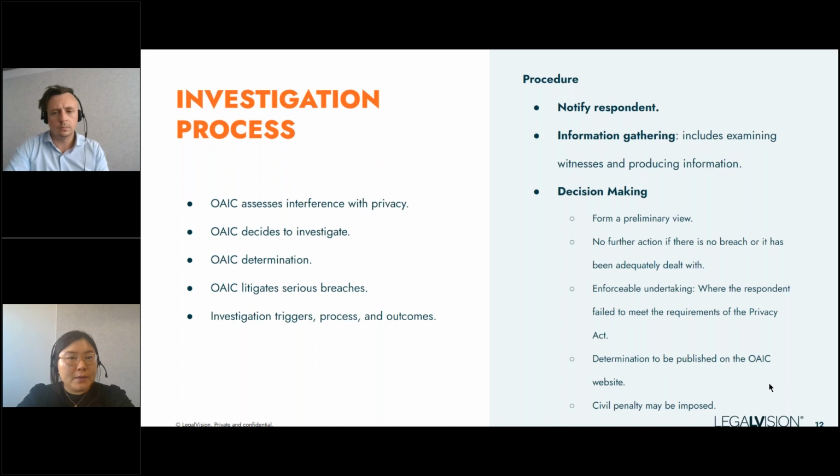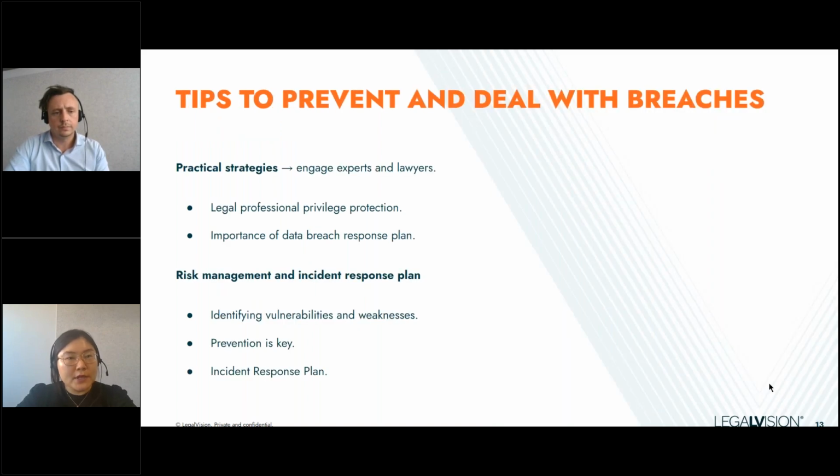Okay, so what's the recommended action to prevent breach, and how do you deal with the breach? So what are our recommendations? It's important to firstly implement practical strategies. As Shannon discussed previously, the first steps you have to take when there's been an unauthorized access or if data has been lost: engage a cybersecurity expert to contain and limit further access.